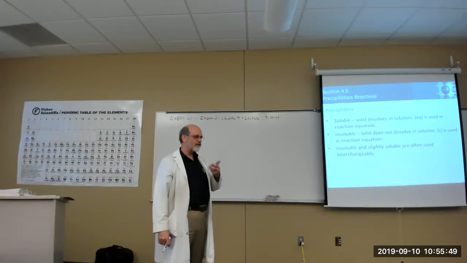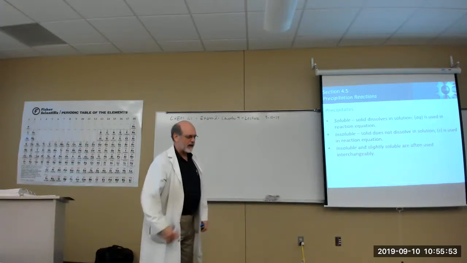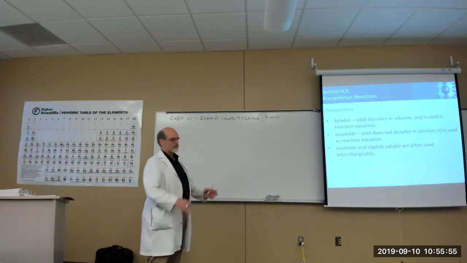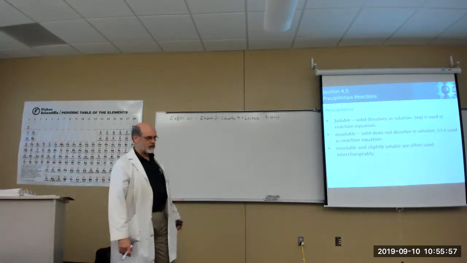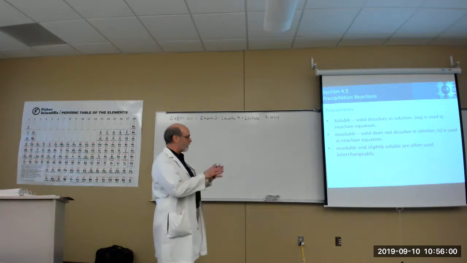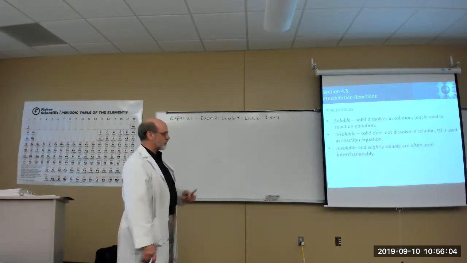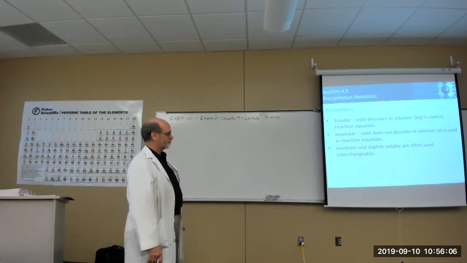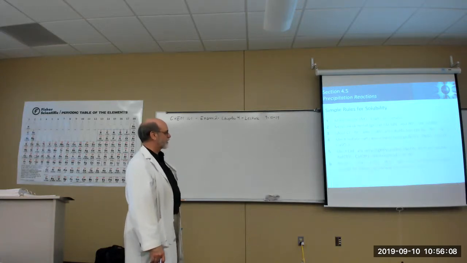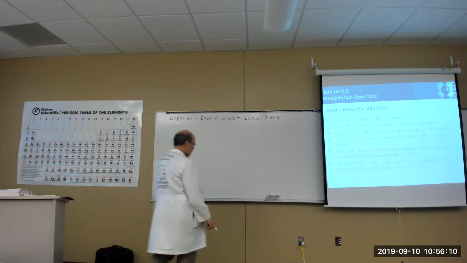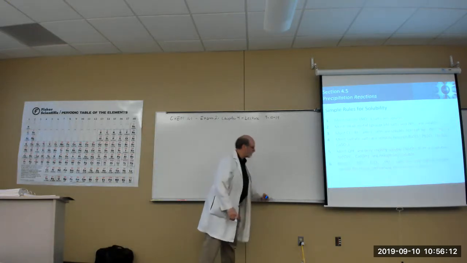But there are always a few ions that remain in solution. And we'll have to deal with that in a later chapter when we talk about equilibrium. But for now, soluble versus insoluble is a useful designation. Now, how do we define solubility as a practical matter?